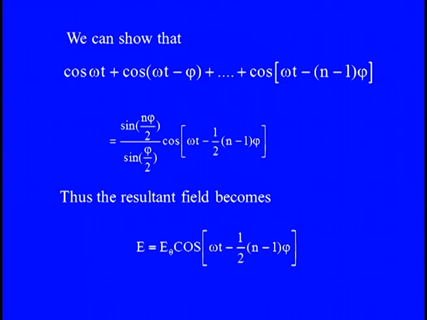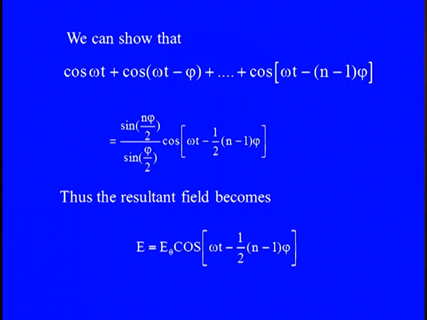We can show that cos omega t plus cos (omega t minus phi) up to plus cos (omega t minus (n minus 1) phi) is equal to sin (n phi by 2) divided by sin (phi by 2) into cos (omega t minus 1 by 2 (n minus 1) phi).